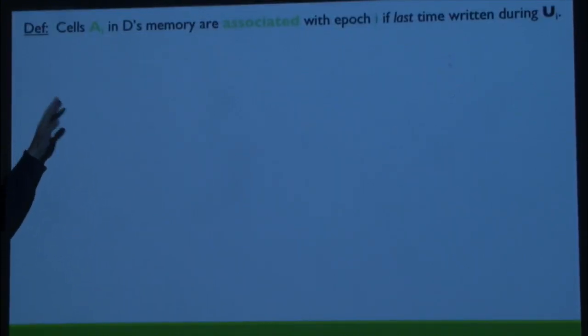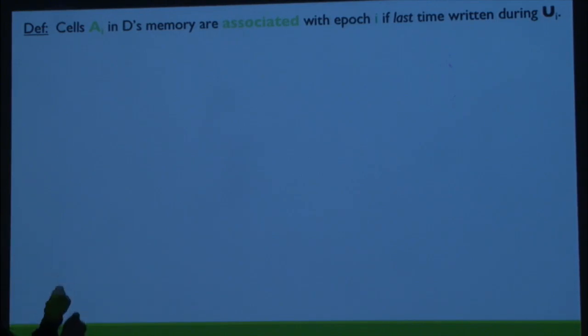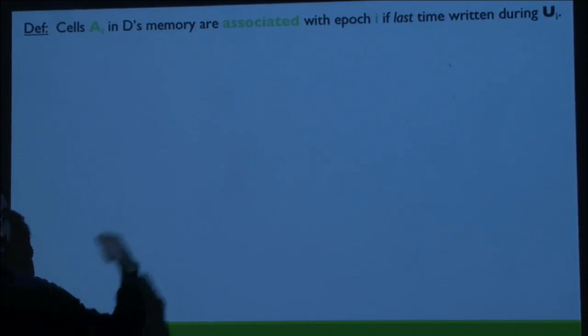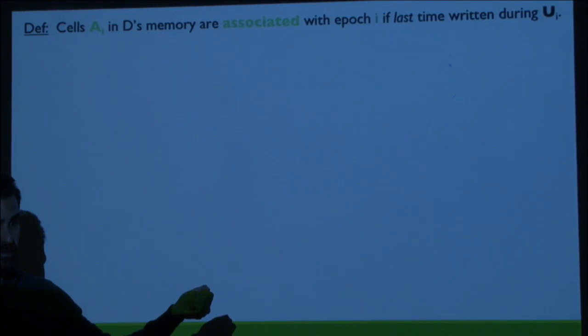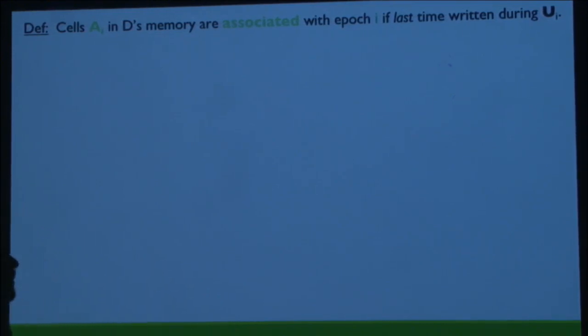Let A_i denote the associated cells with the ith epoch. So these are exactly those cells whose last time that they were updated, written or read, was in the ith epoch. Let this sink in. This is going to be a crucial definition.